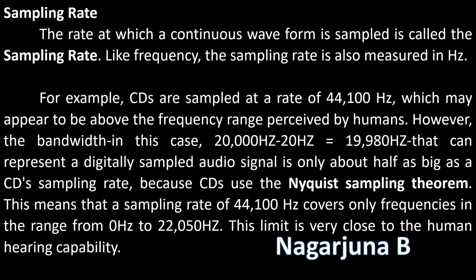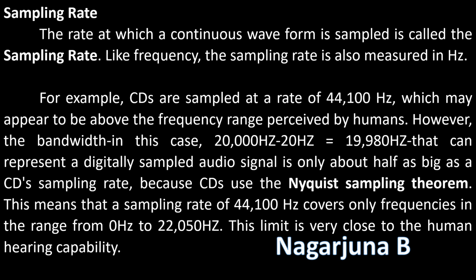This means that the sampling rate of 44,100 hertz covers only a frequency range from 0 hertz to 22,050 hertz. That means what we get in the bandwidth which humans can perceive is 19,980.